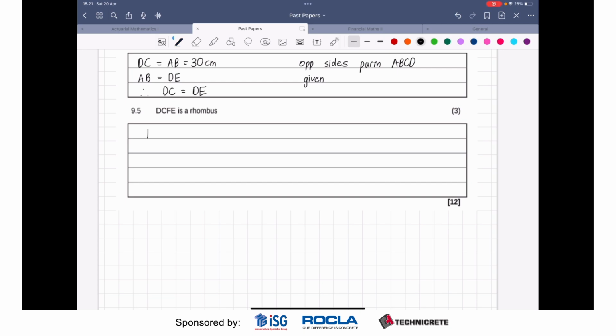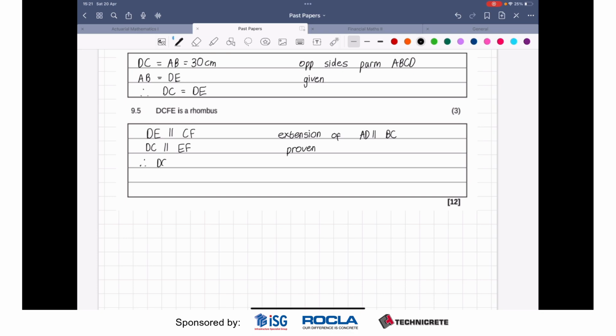So I'm going to say that DE is parallel to CF, and I'll just say that this is an extension of AD being parallel to BC. Then I proved that DC was parallel to EF. That's proven.